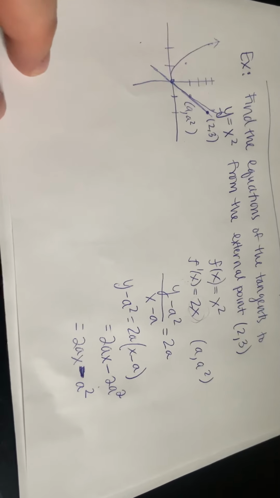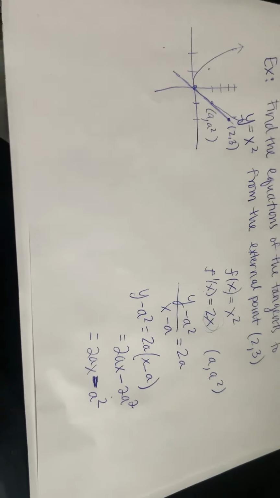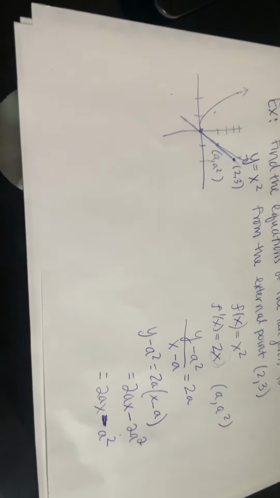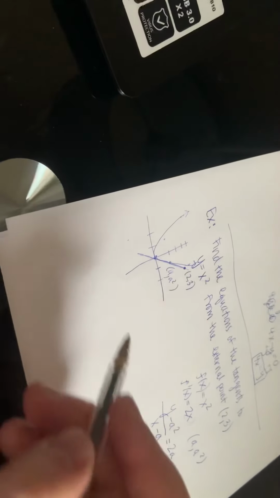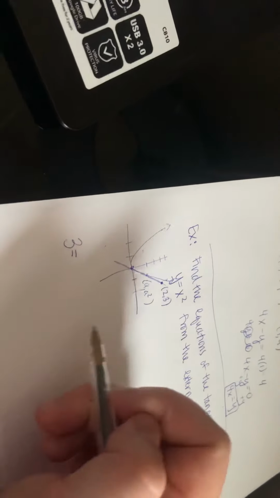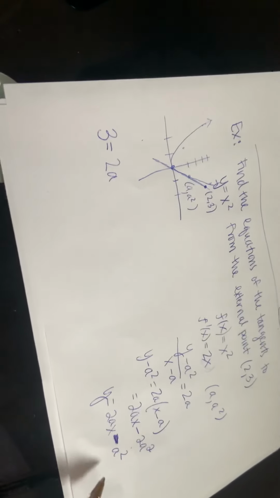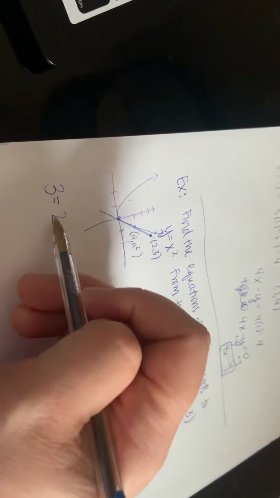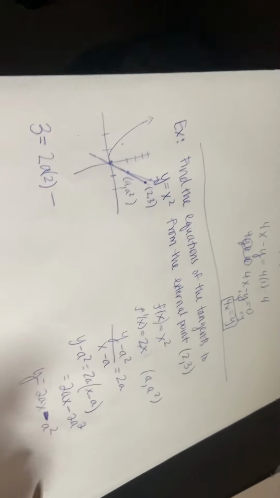Now this tangent is going to be passing through (2, 3). So what we're going to do is plug 2 and 3 in for x and y. So 3 equals 2a times x, and x was 2, so 2a times 2 minus a squared.